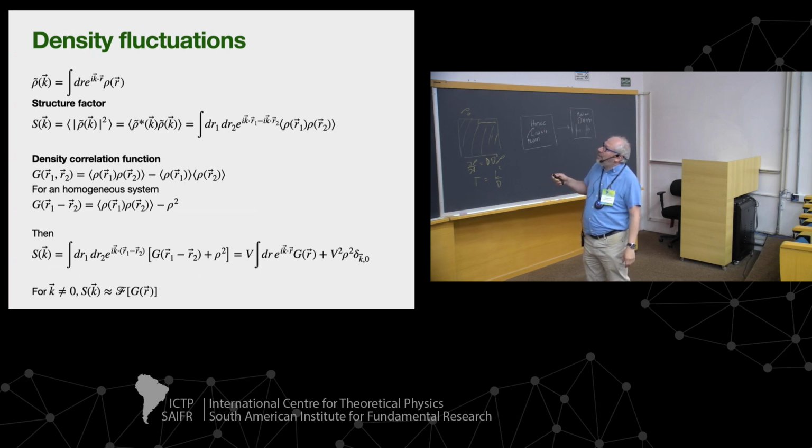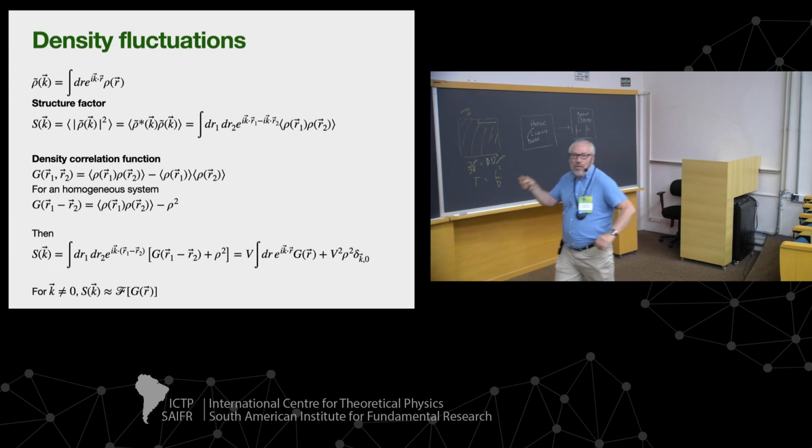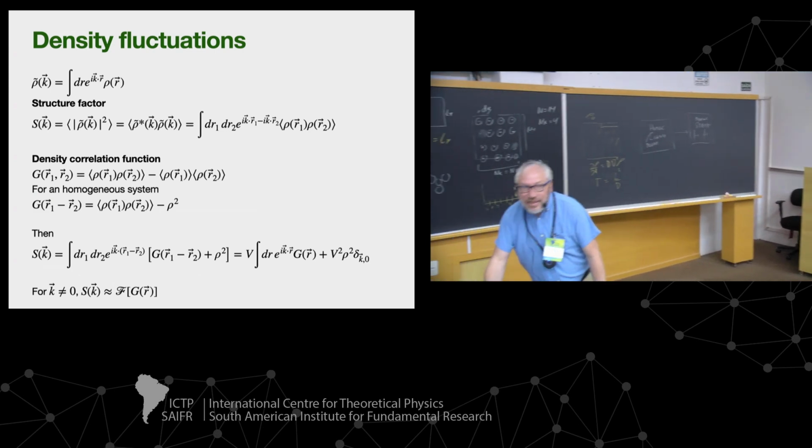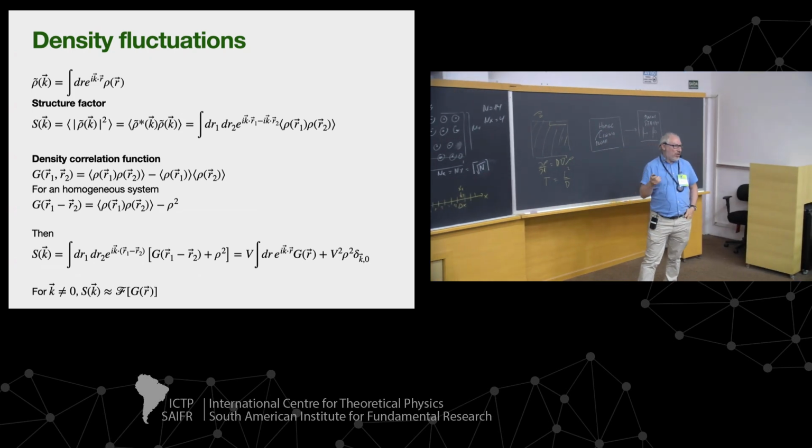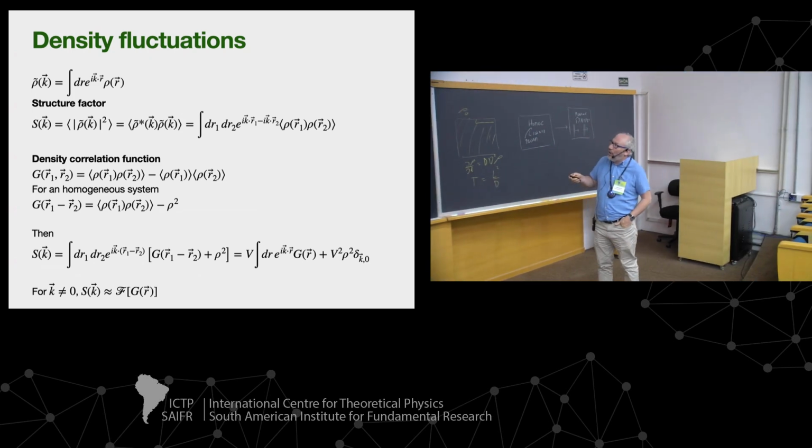You have to compute this integral. Now, we can define the density correlation function that is, in the language of Aparna yesterday, the connected part of the correlation function. That is the correlation between the 2 densities minus the average of the density times the average of the density.